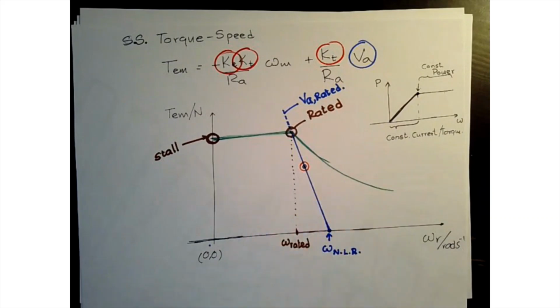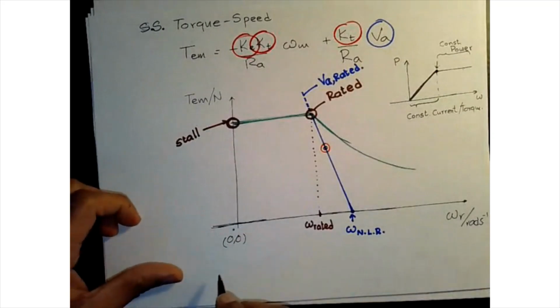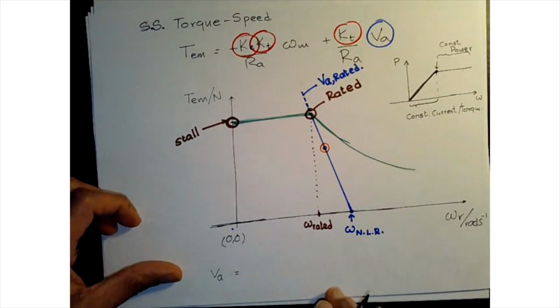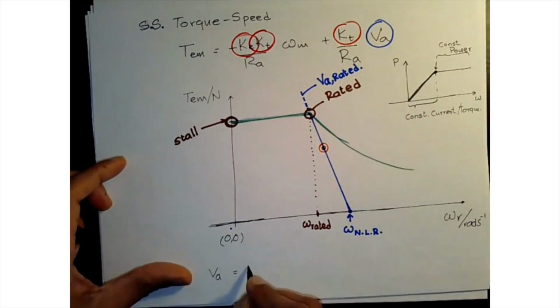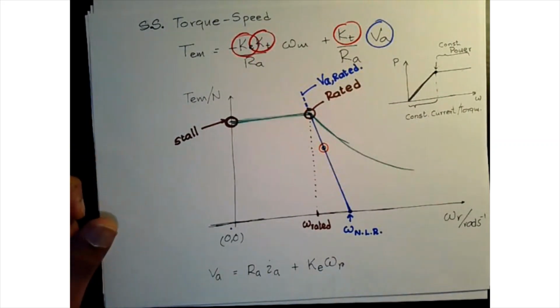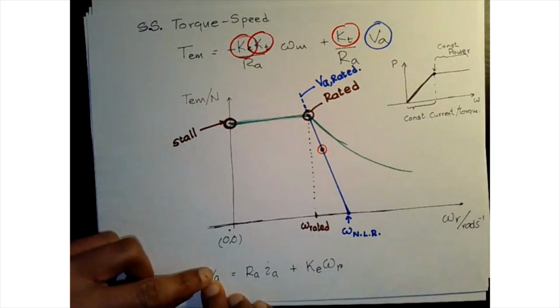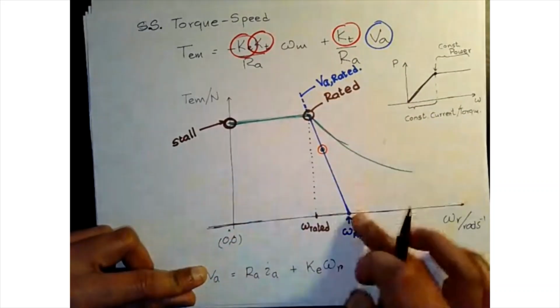Less torque, more speed. Now, this should make sense if we go to our voltage equation, right? So I'll rewrite it here, VA, and I'm going to write just the steady state, which means the inductance term disappears. So VA equals RA IA plus KE omega R. Now your total voltage is at a maximum here, you can't change voltage because we set it to the rated value.